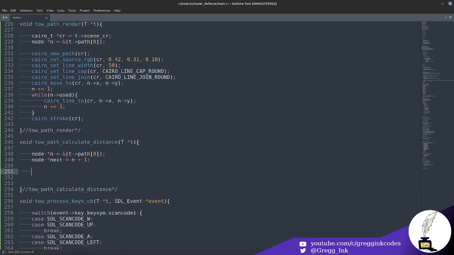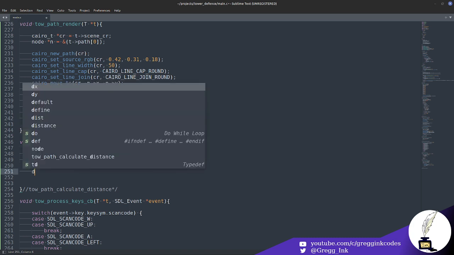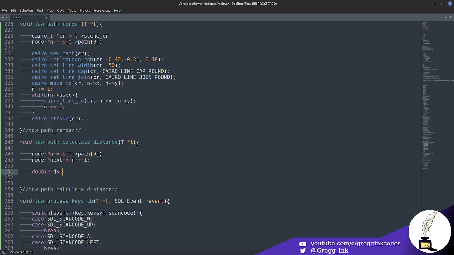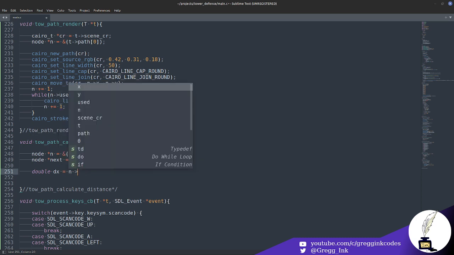And then, do I really need to use doubles? I probably don't, but just to be safe.